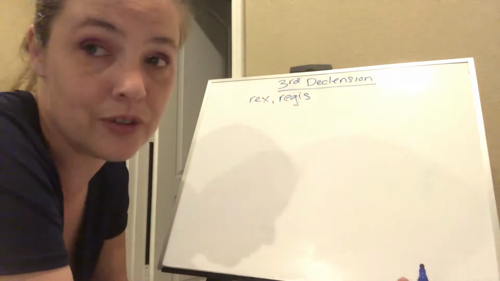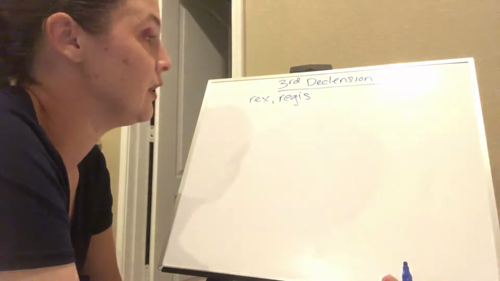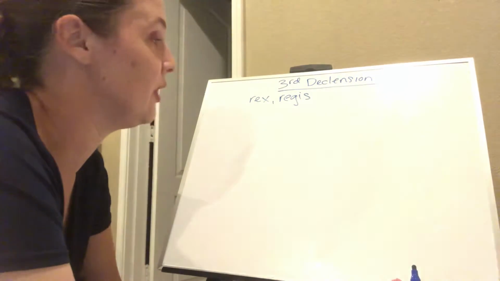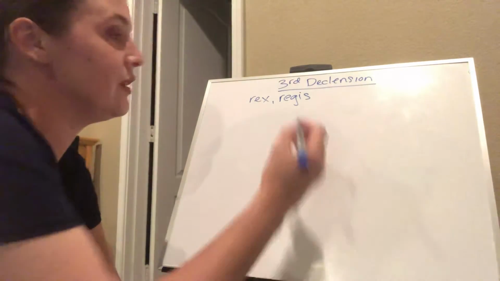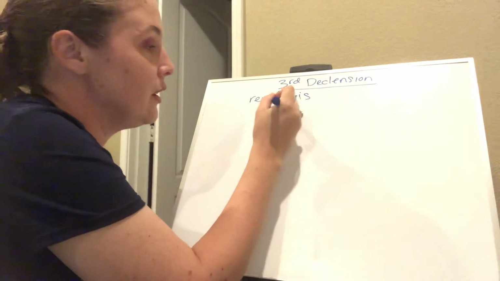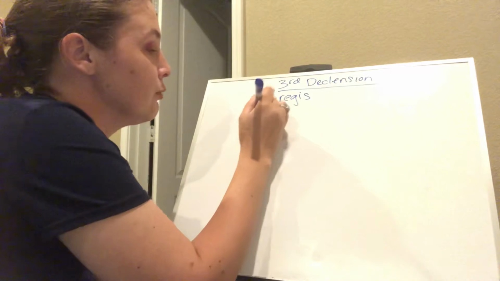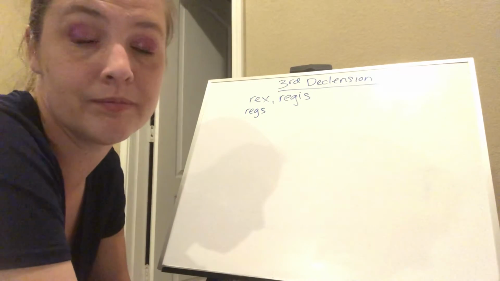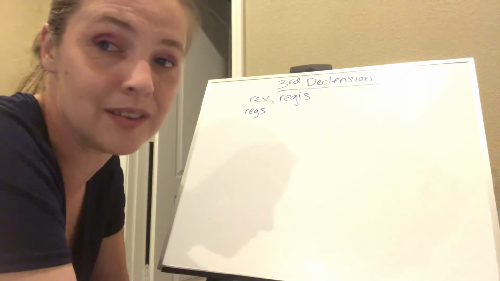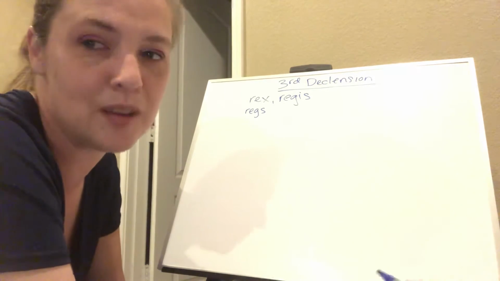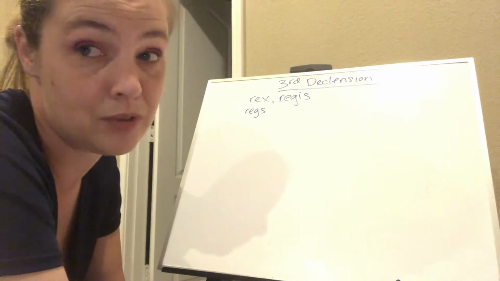Now, if you're interested, there is the understanding that the reason this declines the way it does, and it goes from rex to regus, is that this was actually originally regs. Okay, and if you say regs enough and you say it fast enough, it starts to sound like rex. And at some point, a scribe probably wrote it down wrong.